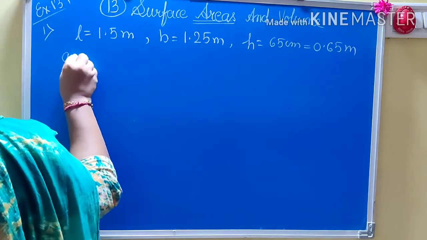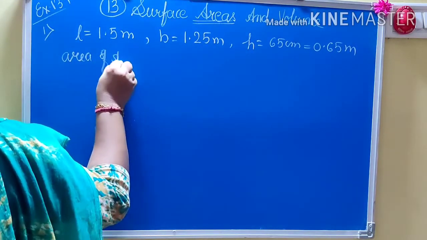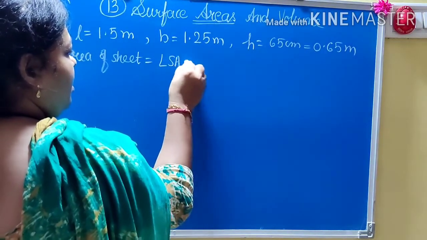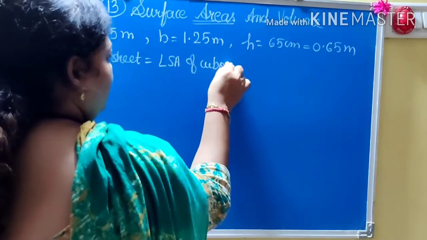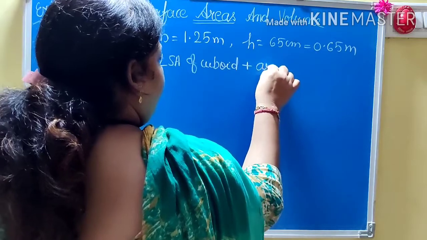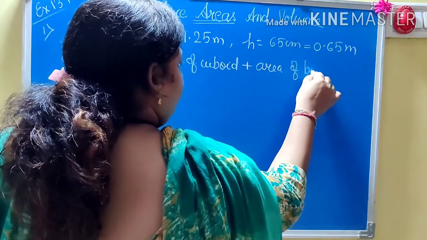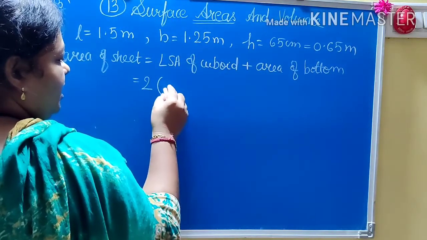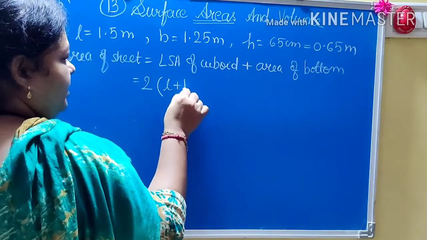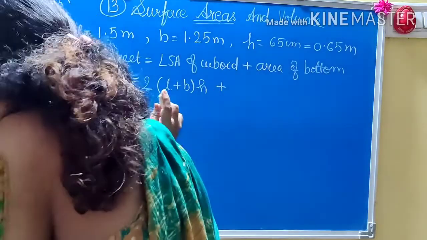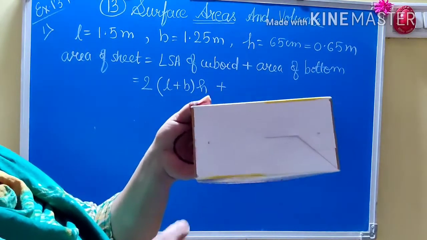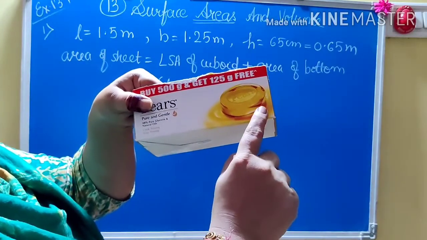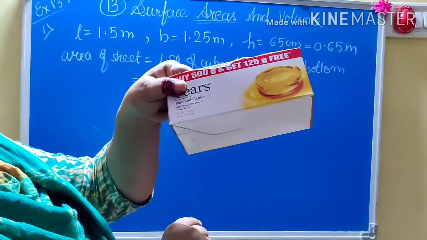So here the area of the sheet will be equal to the LSA of the cuboid plus the area of the bottom. To find the LSA, it is 2 into (L plus B) into H, plus the area of the bottom. Now the bottom is rectangular in shape, of which the length is L and the breadth is B, and this is the height.